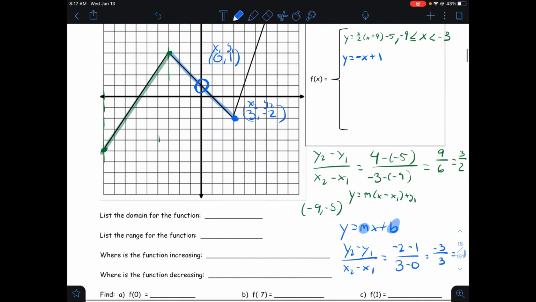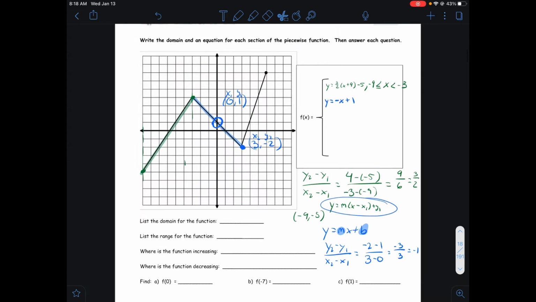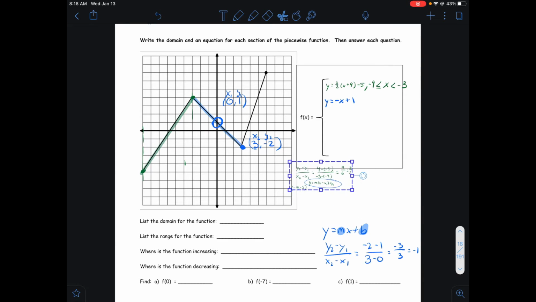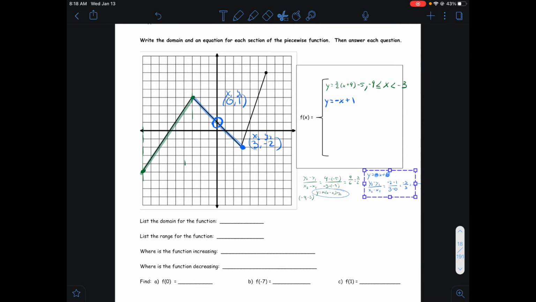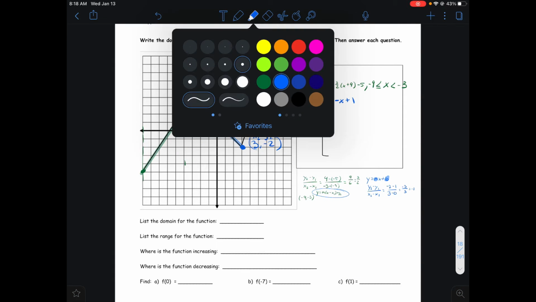Let's say you didn't want to use y equals mx plus b. You could do it just like we did the first equation and use the point slope form. There's nothing wrong with that. We're running out of space here. We've got one more equation, and we'll do this one in red.